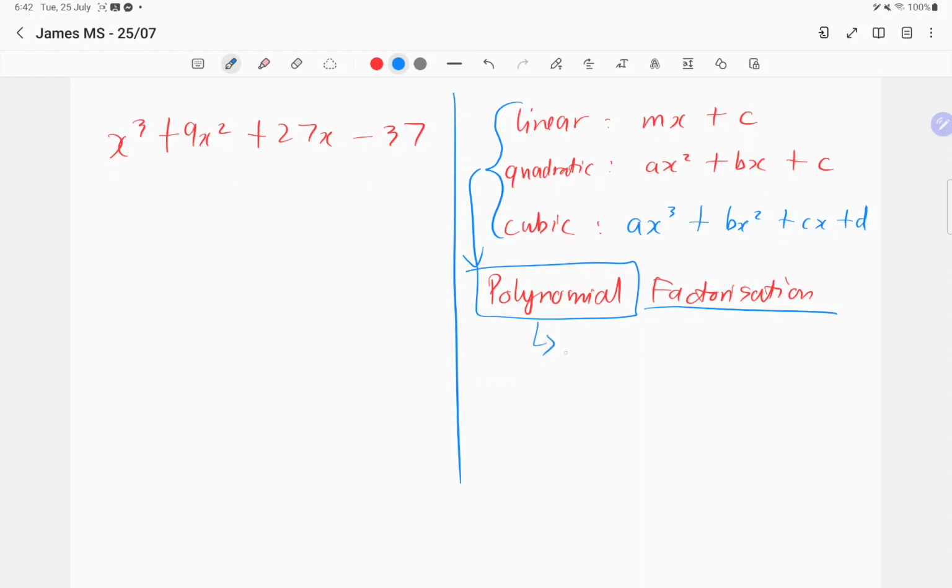Formally, it's written as ax to the power n, plus bx to the power n minus 1, plus and so on, plus a certain constant c. So it has to be in that format? Well, a polynomial p of x is defined as anything that is somewhat in that format.